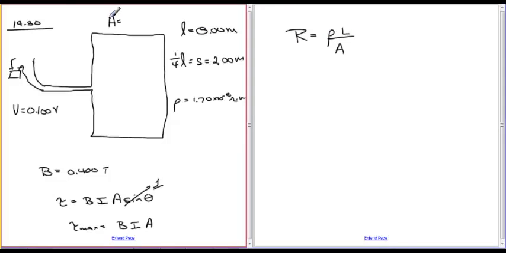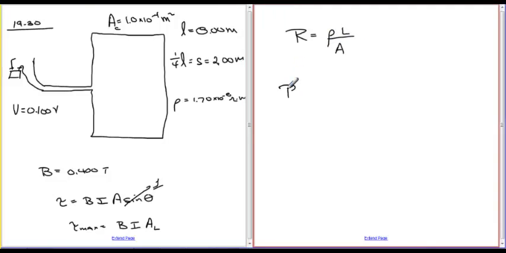Let's say this is A sub C, which stands for cross-sectional area. So here it is 1.0 times 10 to the minus 4 meters squared, and the length is going to be 8 meters. So we can calculate what the resistance is.